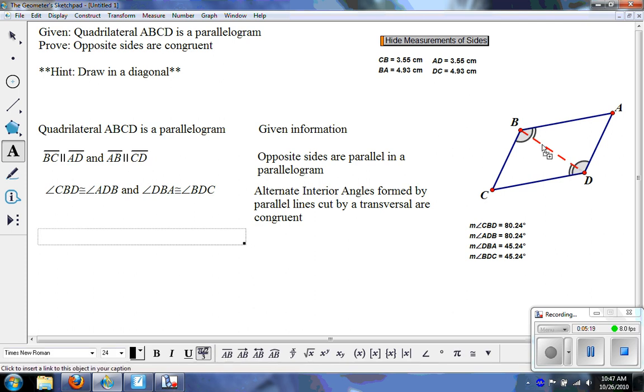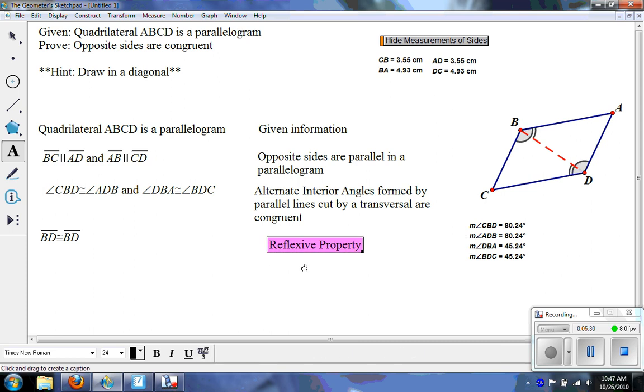So I can say that BD is congruent to BD by the reflexive property. Now I have two angles and a congruent side, so I have congruent triangles.